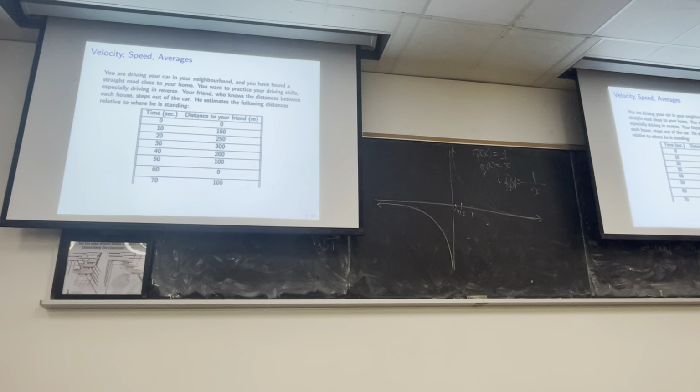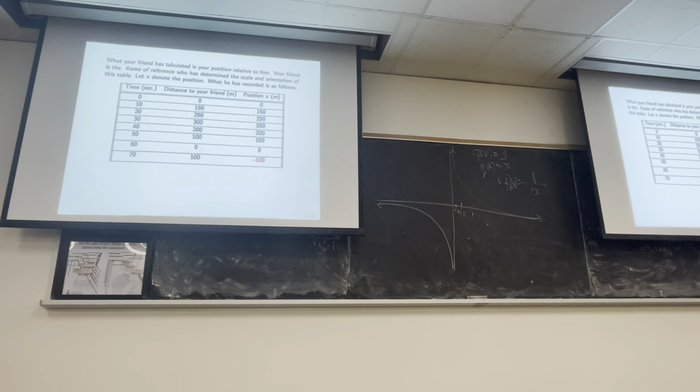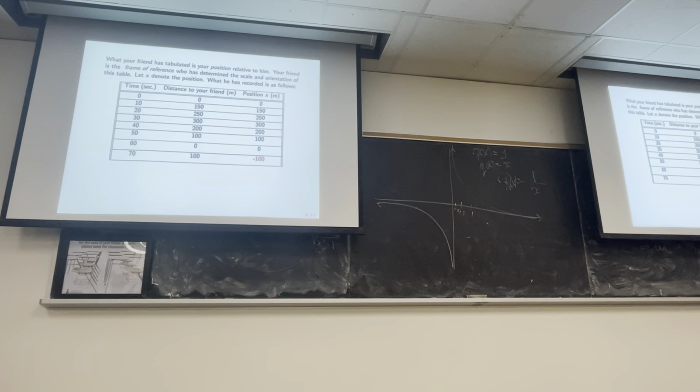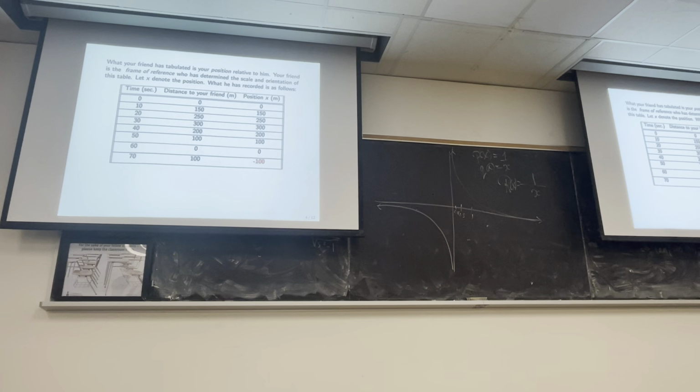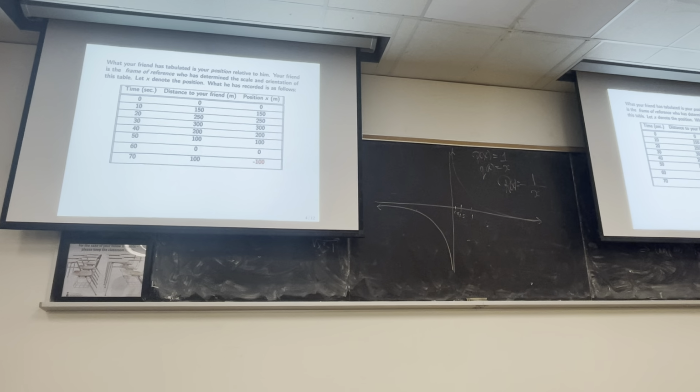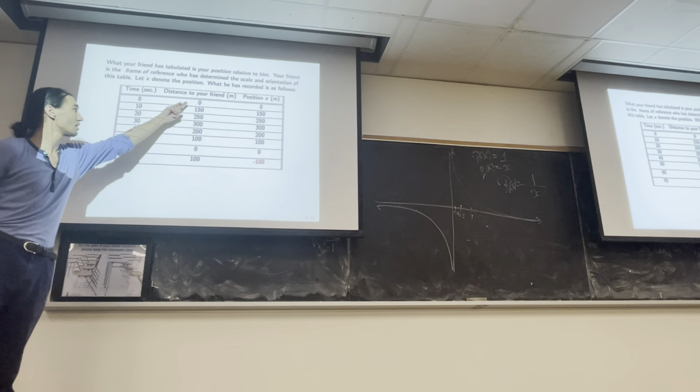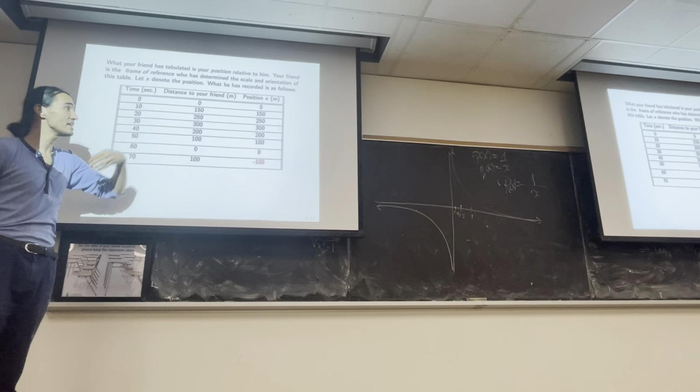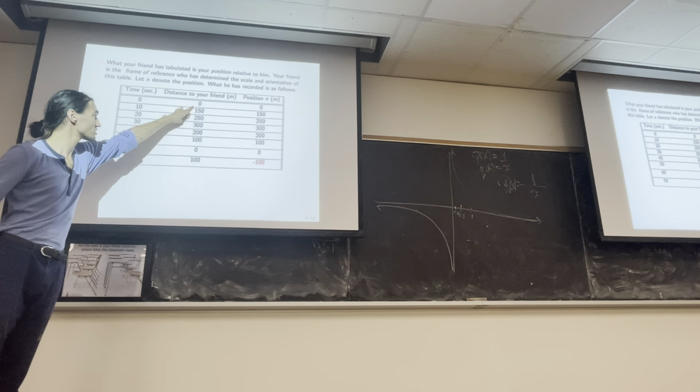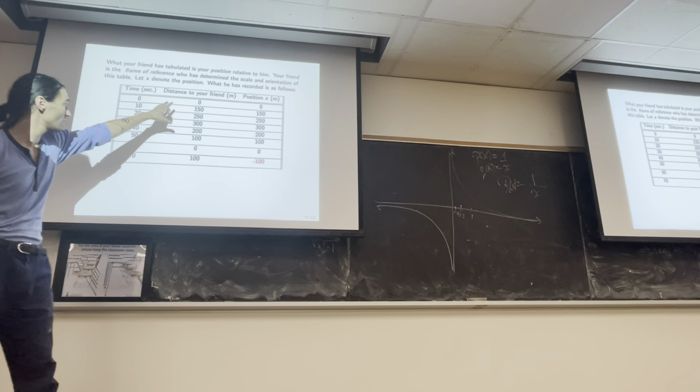That actually happened. What your friend has tabulated is your position relative to him. Your friend is the frame of reference with respect to which the scale and orientation of the table is determined. So the distances are from me to my friend, same table as we had previously.